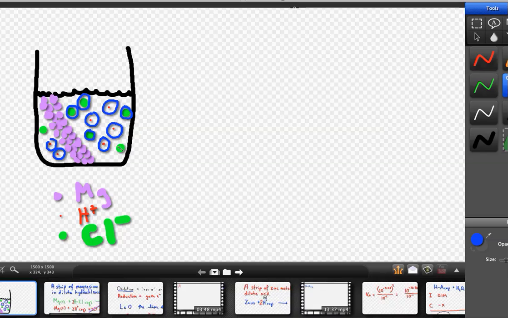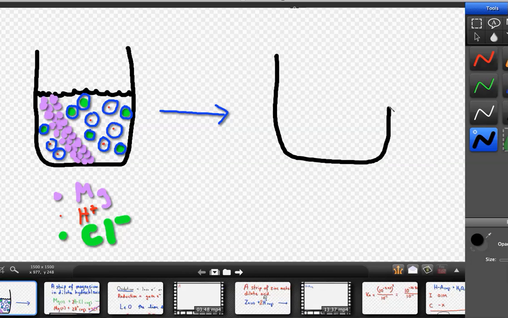And so this is what my molecular cartoon will look like just before a reaction occurs. After the reaction occurs.